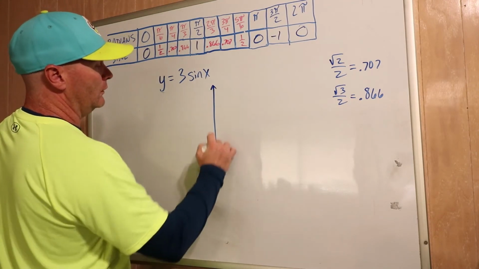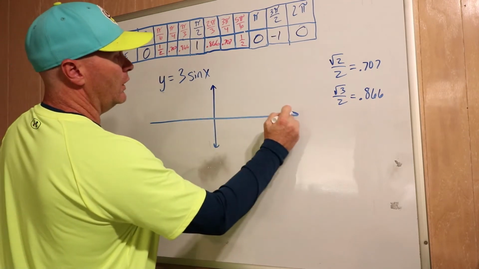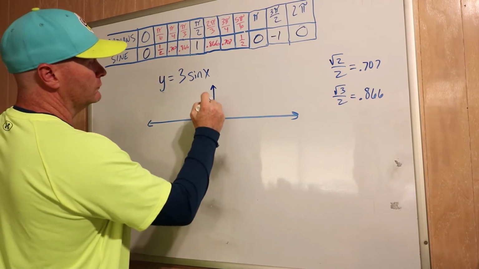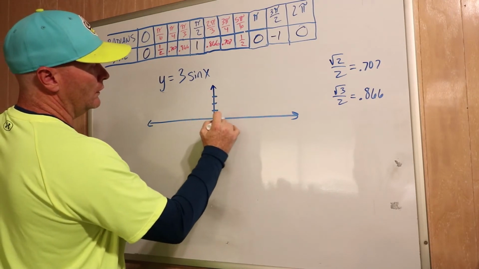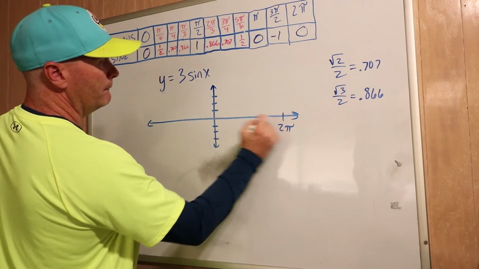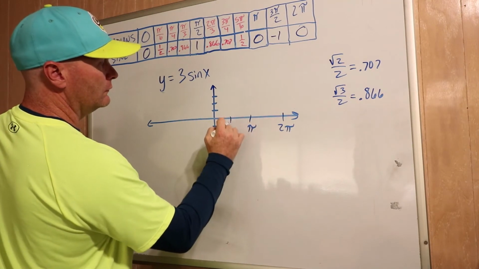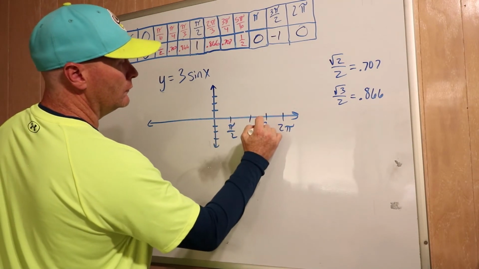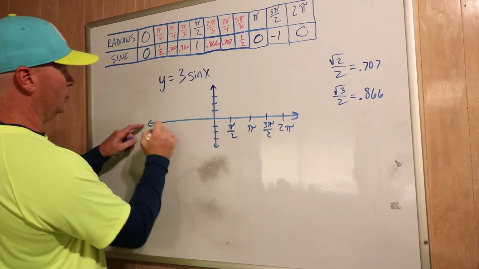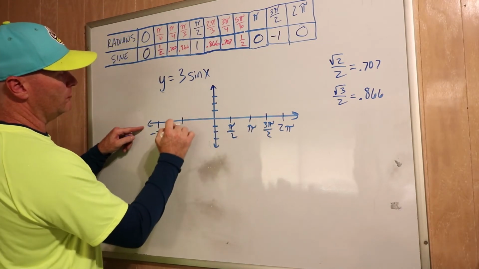So all we're going to do is draw our normal graph. Let's see, we'll go 2 pi, pi, pi over 2, 3 pi over 2, -2 pi.